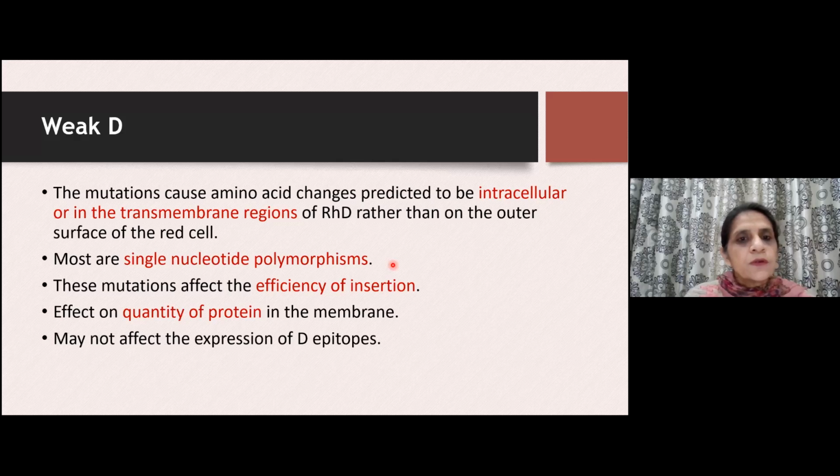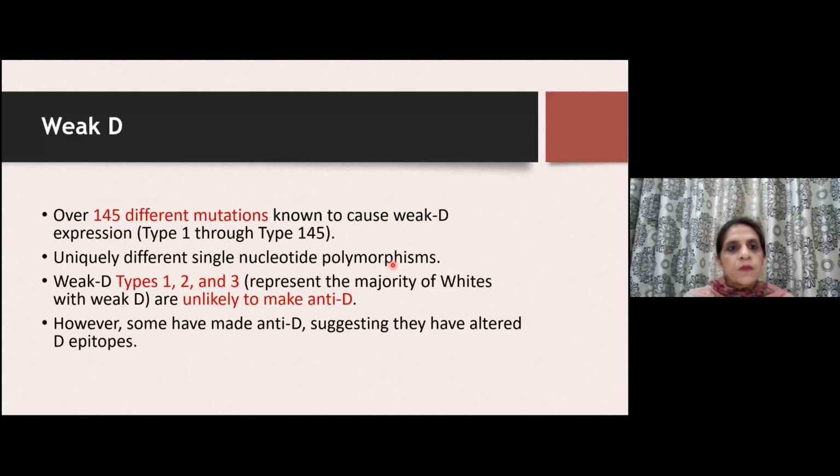These are single nucleotide polymorphisms and they affect the efficiency of the protein insertion. And finally, this leads to an effect on the quantity of the protein in the membrane. So that is why it is a quantitative problem which occurs in case of weak D. And overall, the epitope expression is not affected in this case.